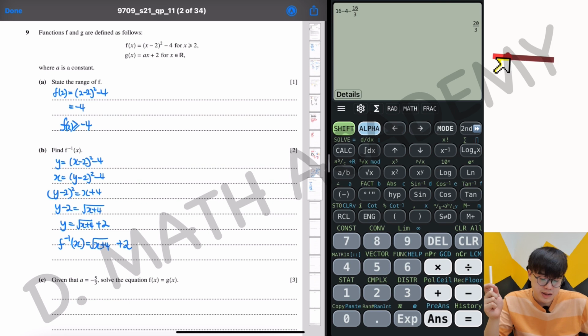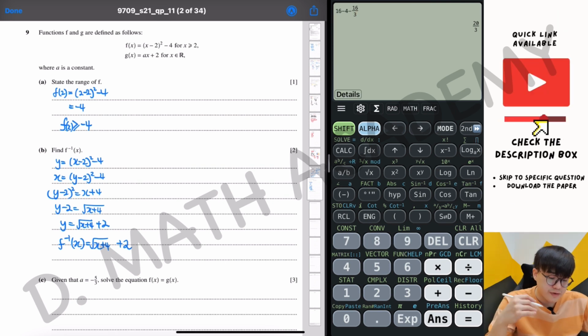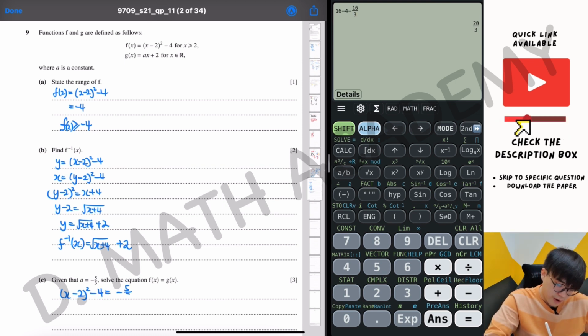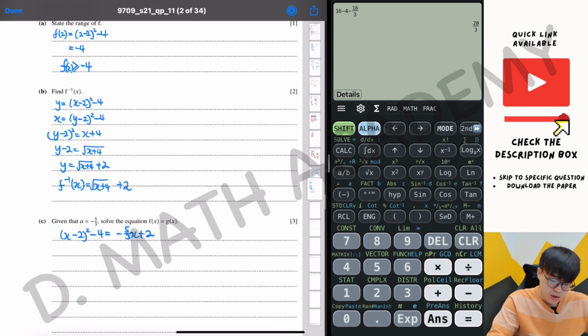Given that a is -5/3, solve the equation here. Okay, so let's give it a try. They say that x minus 2 squared minus 4 equals -5/3 x plus 2.